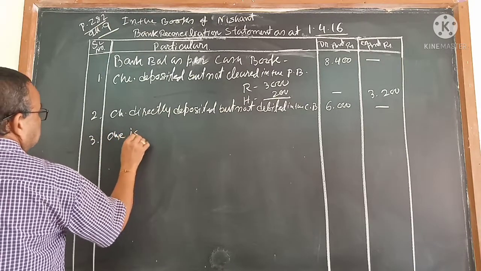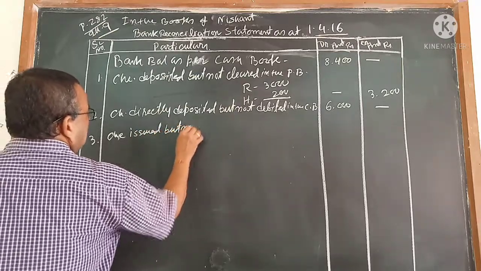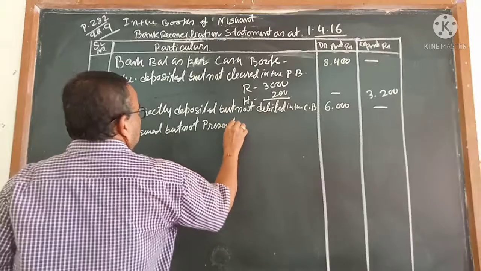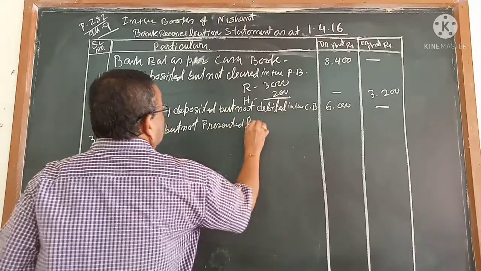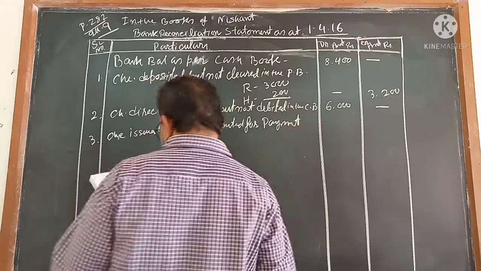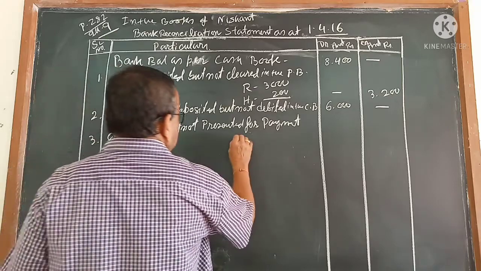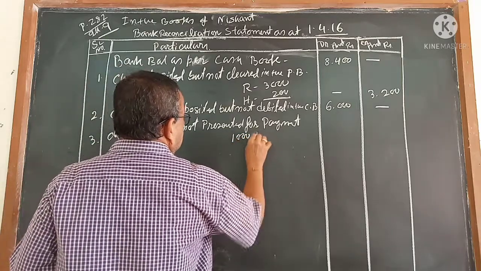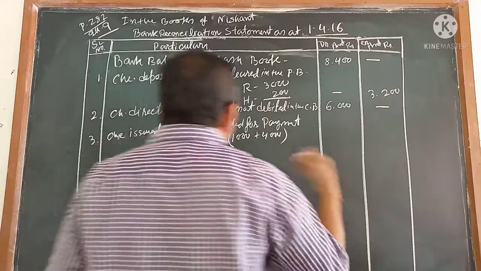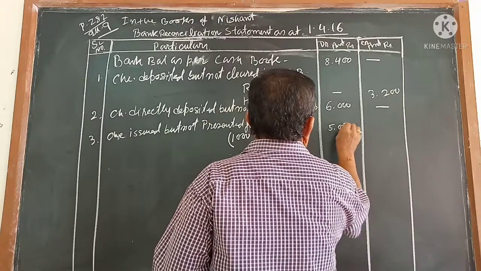So this is check issued but not presented for payment, that is 1,000 plus 4,000. That is 1,000 plus 4,000 is equal to 5,000. Check issued was credited but not debited. So make it a debit.